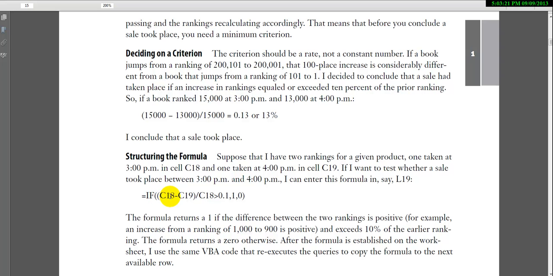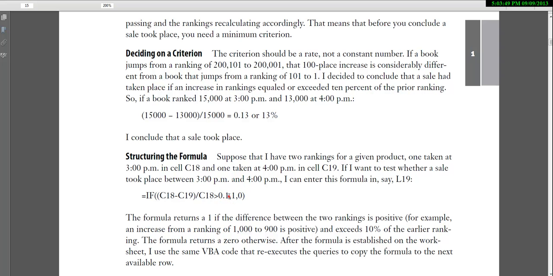Equals IF C18 minus C19, so that's a change from 3 p.m. to 4 p.m., divided by C18, so that's the percentage change, is greater than 10%. So if it's greater than 10%, remember the way the IF formula works. Here's IF from here to here, and here's one comma, and here's a second comma.